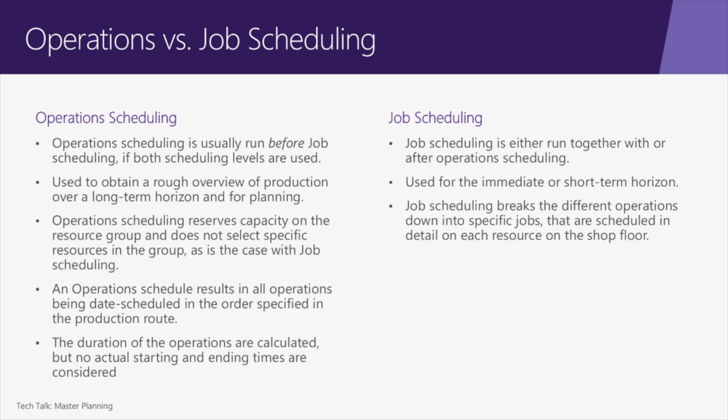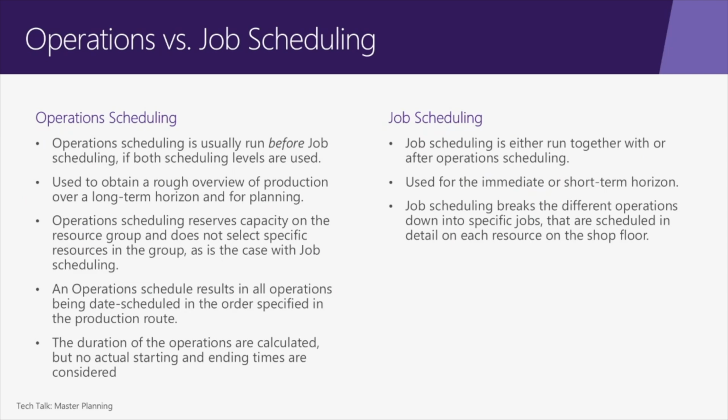But when we move on to the job scheduling side, master planning will plan what exact time on a particular day an operation will start and what exact time it will end. It will also go down to the level of what exact machine it would be running on.